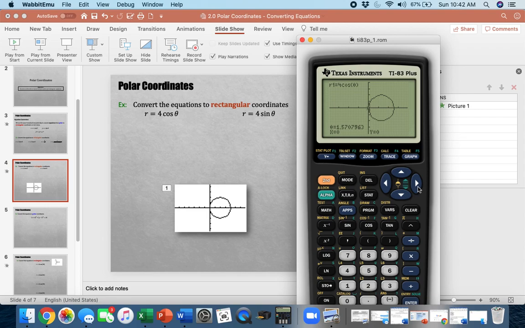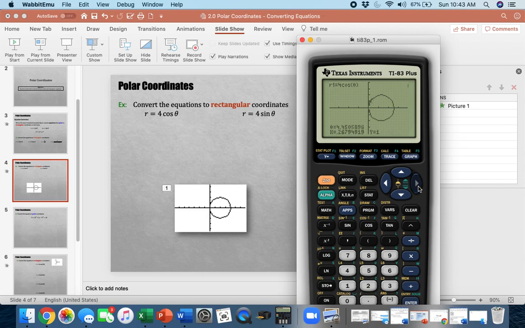Now if I keep going, this is going to be 3 pi over 2 when I'm at 2 comma negative 2. And what is my theta? My theta is pi, and I'm back at 4 comma 0, so that's why you trace it again.